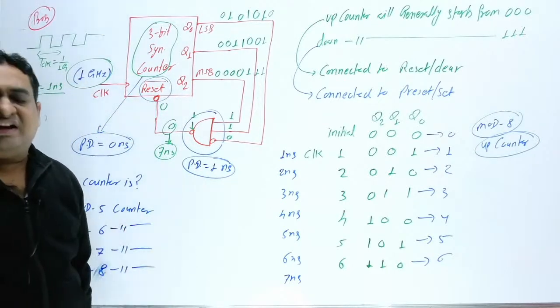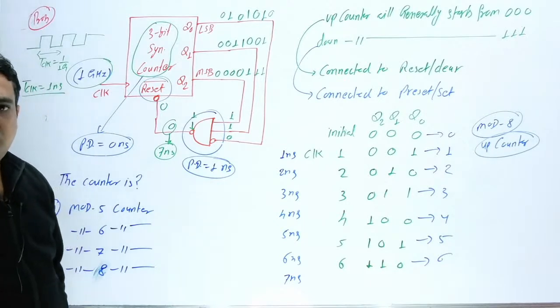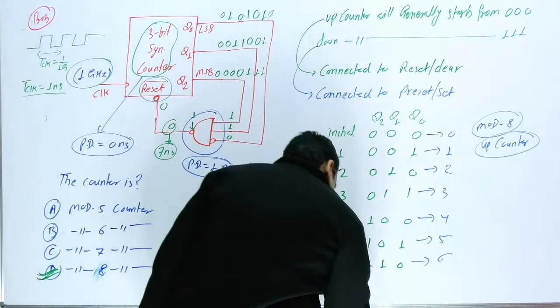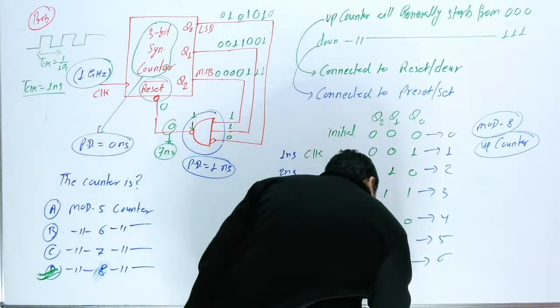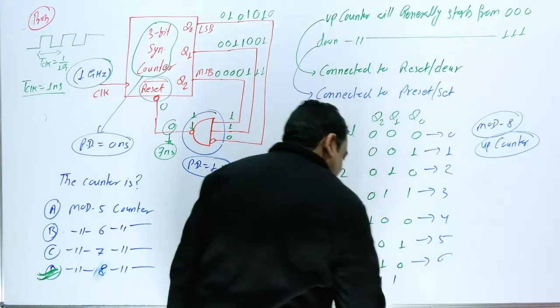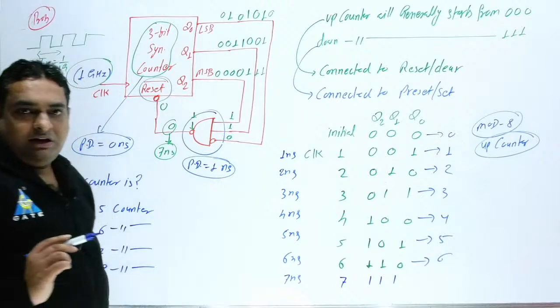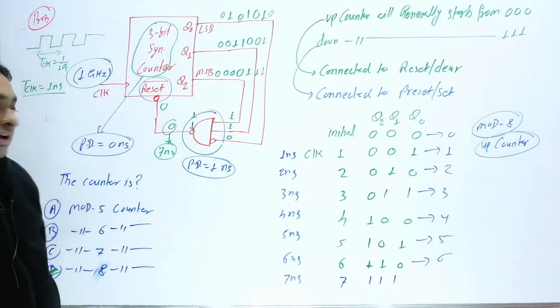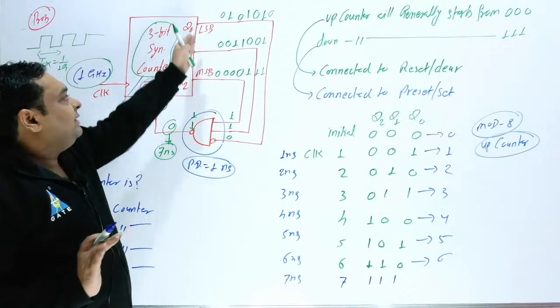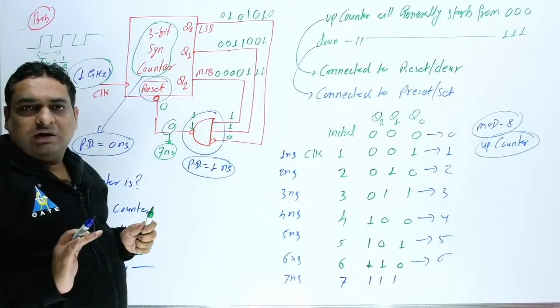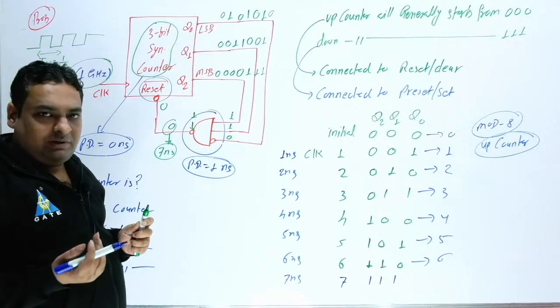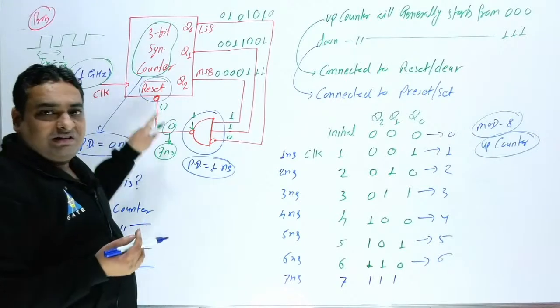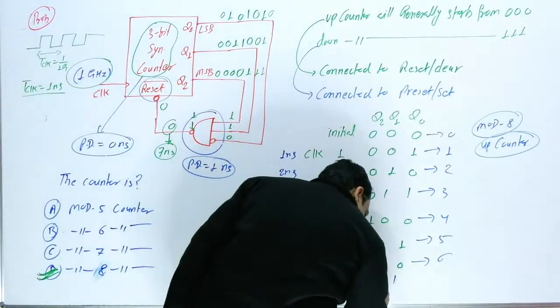Because of this reset, at the 7th clock the output would be 1 1 1, but you will not get 1 1 1. The reset will operate, and you will not get this 1 1 1.